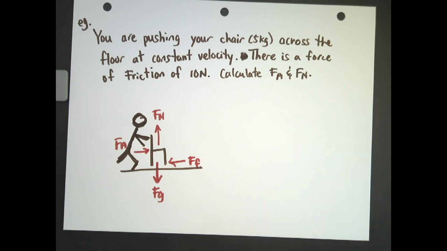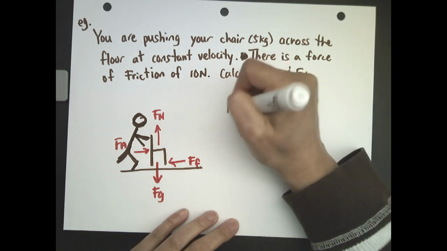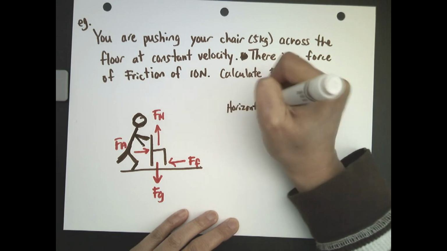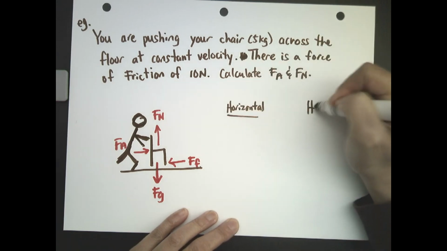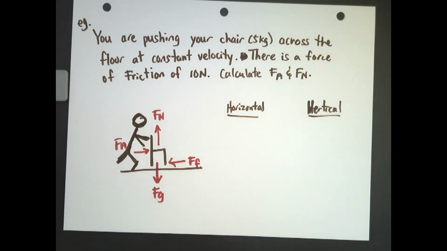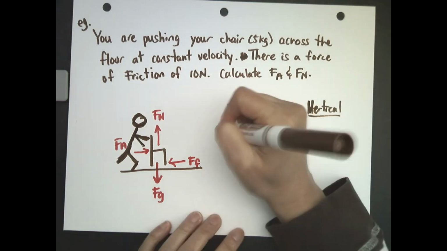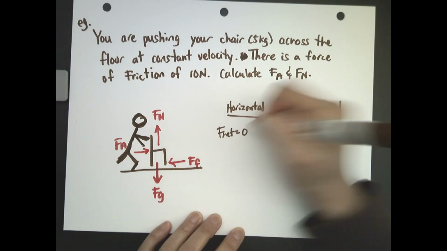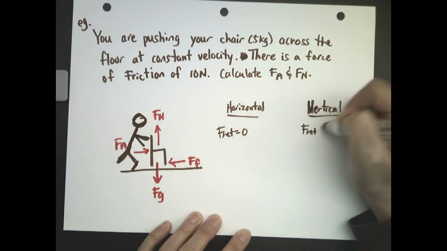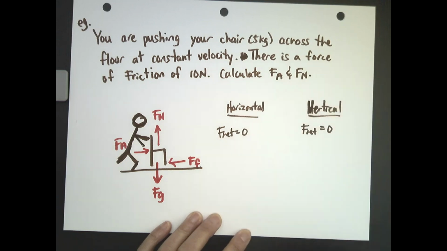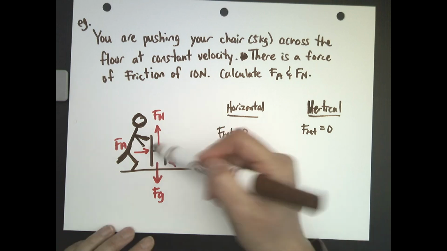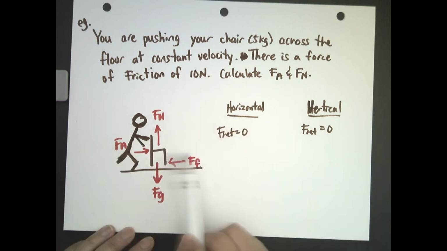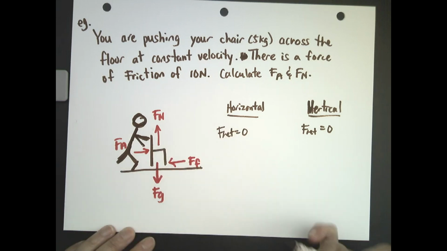Now, when you analyze horizontal and vertical components, just like in projectile motion, you will notice that F net is going to be equal to 0 for both cases. F net equals 0 there, and F net equals 0 there. Why is that? Well, the chair horizontally does not move anywhere.